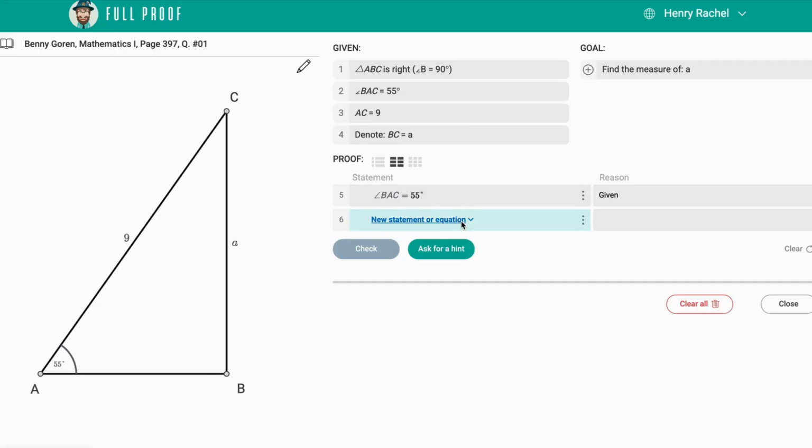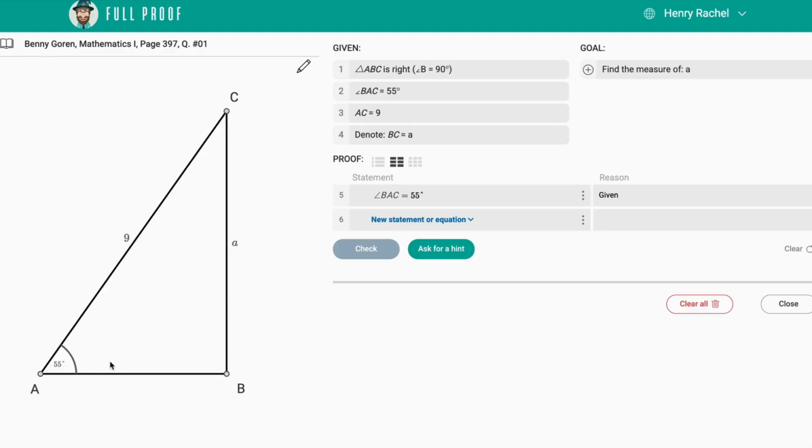All right, now it's time to use some of that new knowledge that we learned earlier. Earlier, we learned that anytime you're trying to find the sine of an angle, you can take the segment that is opposite the angle and the hypotenuse of the triangle, and you can manipulate it using some algebra.